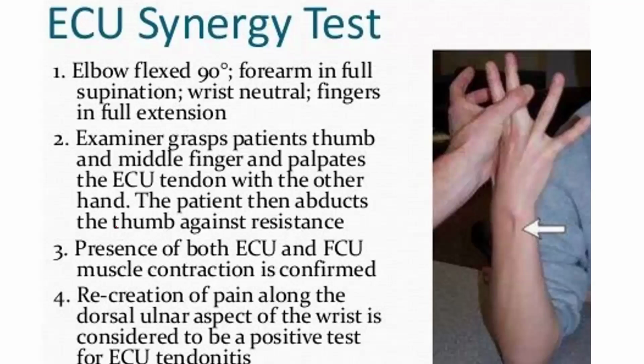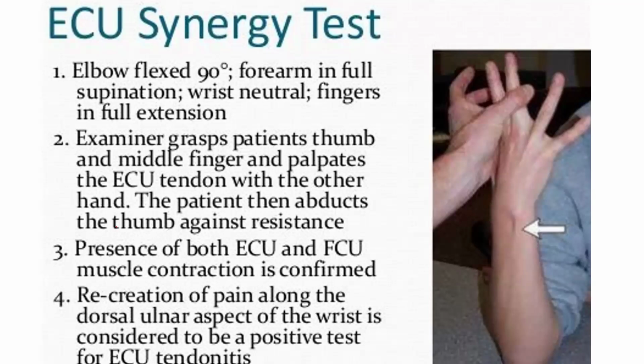This is the extensor carpi ulnaris synergy test. You see the arm is resting on the table. The elbow is flexed to 90 degrees. The forearm is in full supination. The wrist is neutral and the fingers are fully extended.